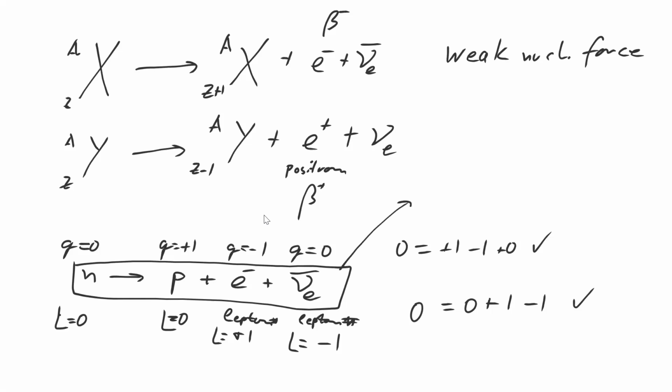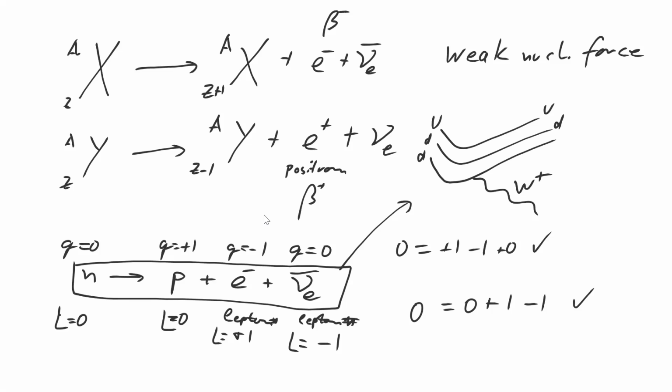In this diagram, for example, you would have two spectator quarks, and then one quark would emit a W boson. So let's see, I had a neutron, so this would be u d, and it becomes a proton, sorry, not a W plus, a W minus, right?